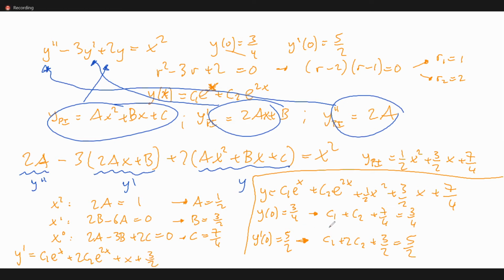So we now have a system of two equations with the two variables being c1 and c2, which gives us c1 is equal to -3 and c2 is equal to 2.